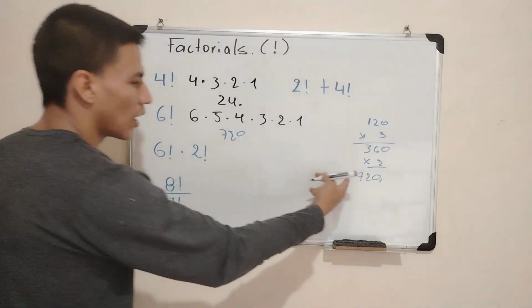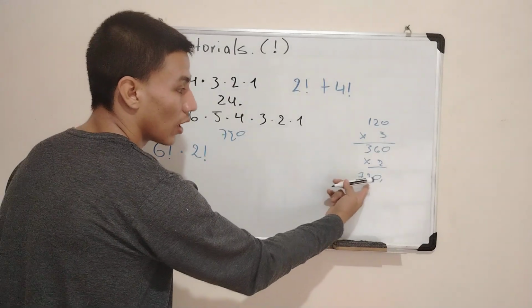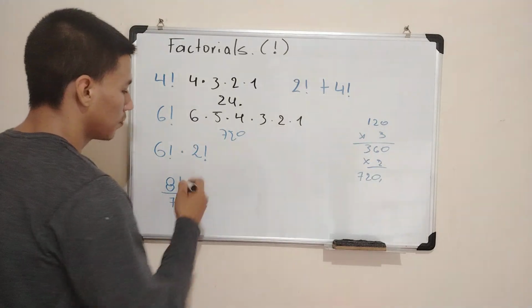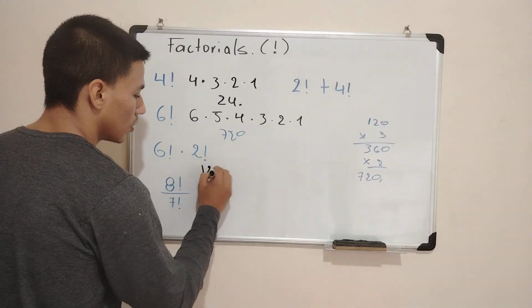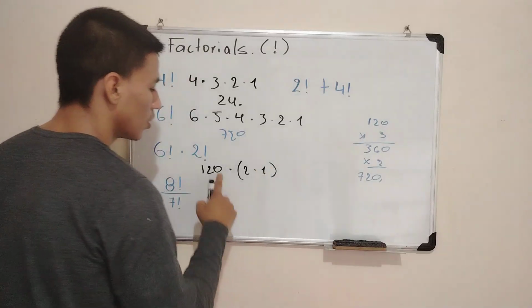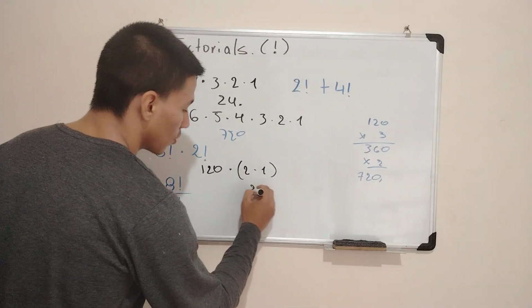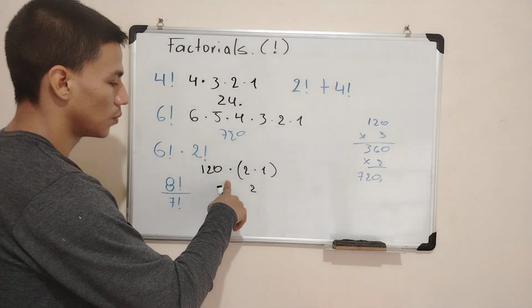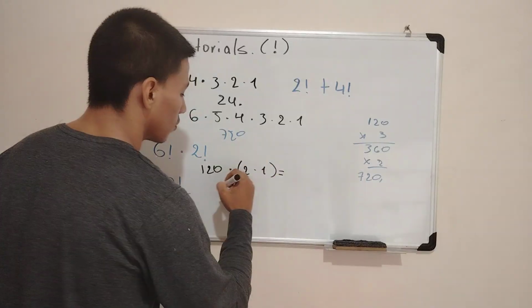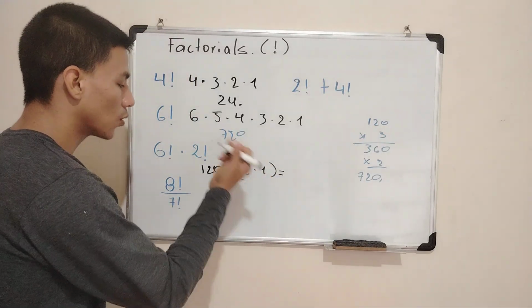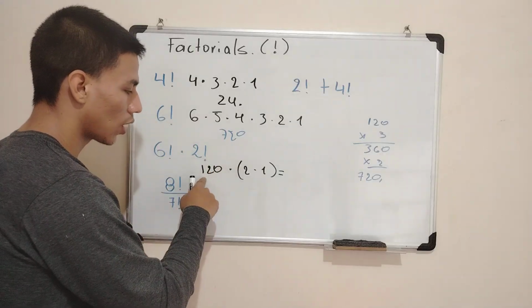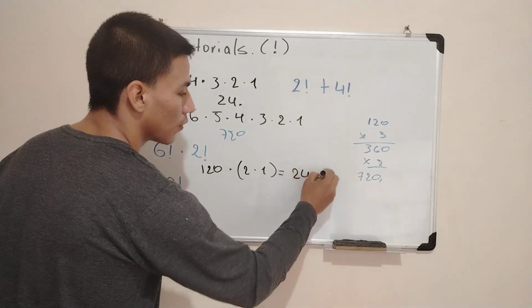Since we already know that the factorial of 6 is 720, we just type 720 here. 720 times 2 times 1. 2 times 1 equals 2. 2 times 720 equals 1440.